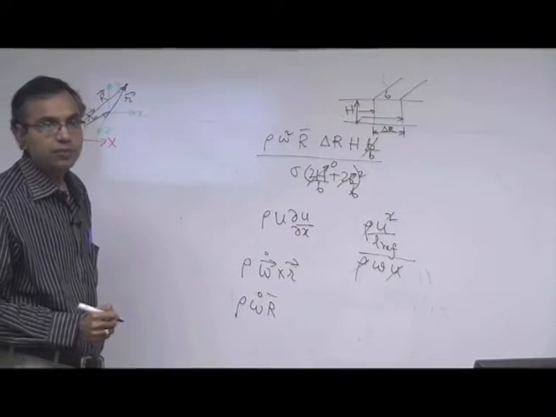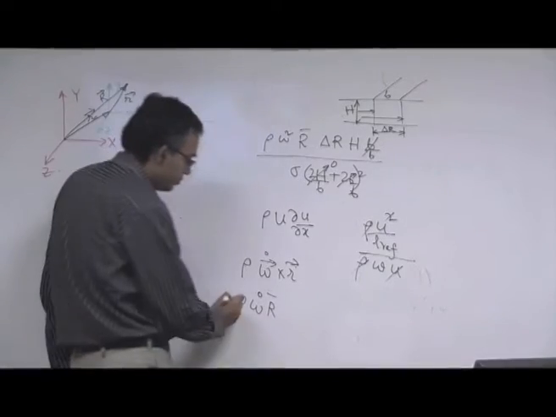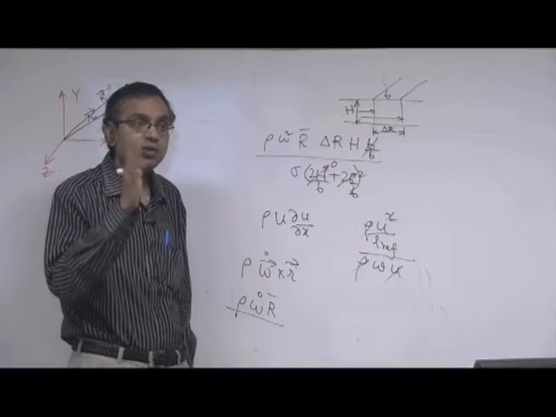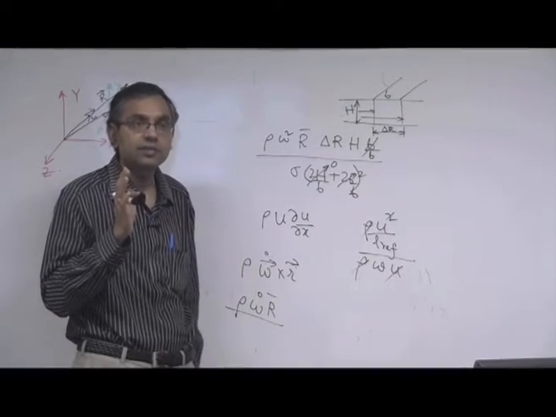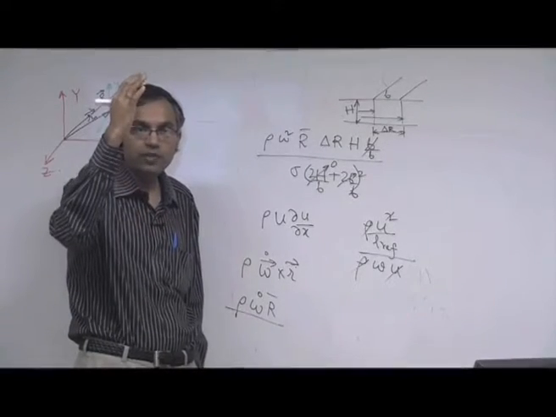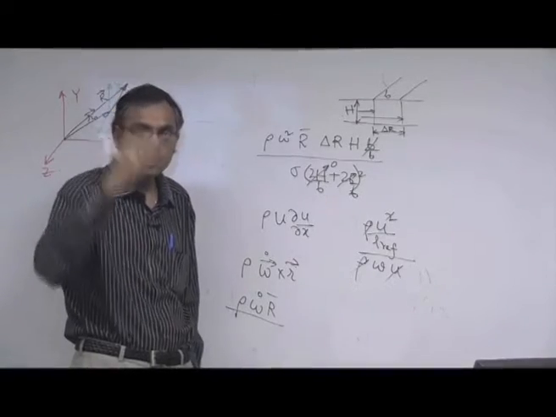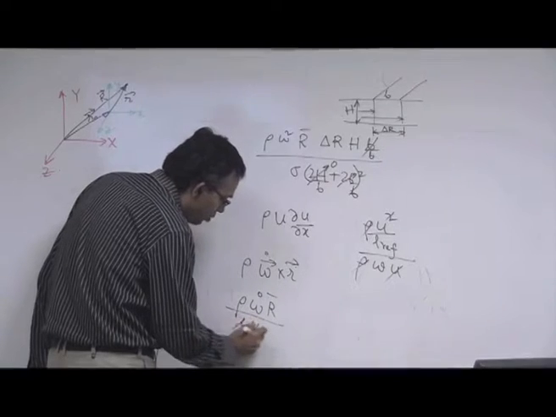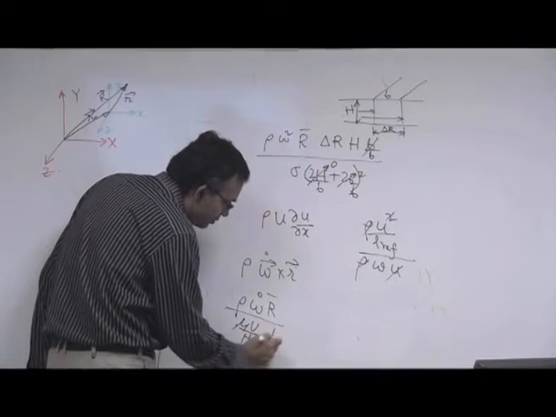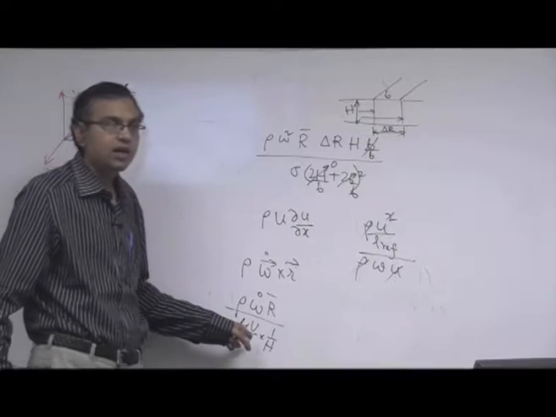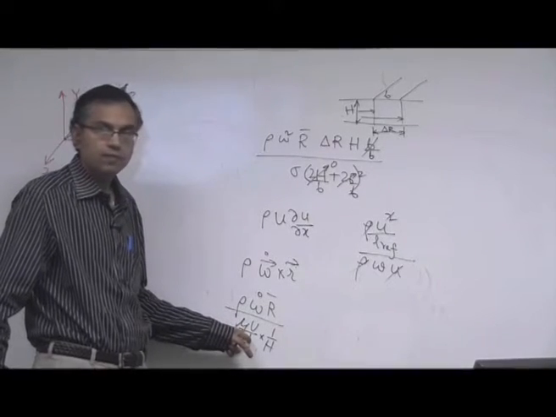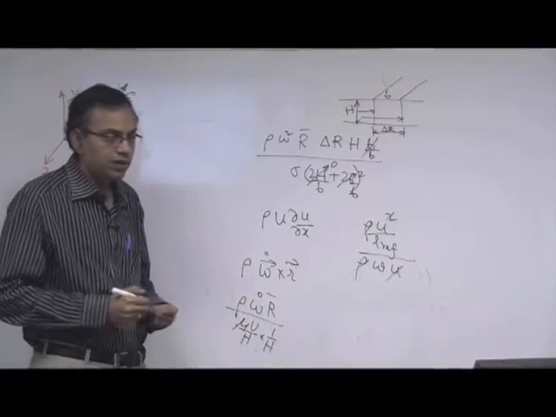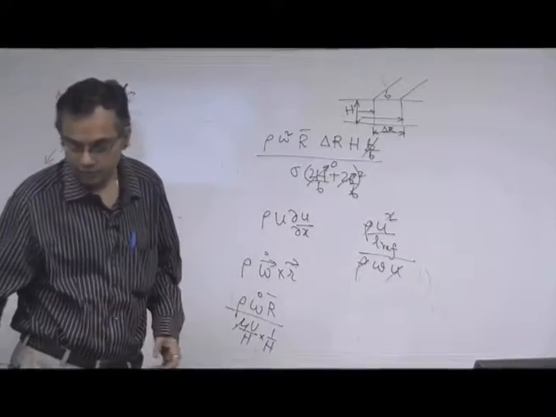What is the viscous force per unit volume? Viscous force per unit volume is del tau_ij by del x_j. So the order of magnitude of tau is mu u by h, divided by the corresponding length. Okay, so this is for the angular acceleration.